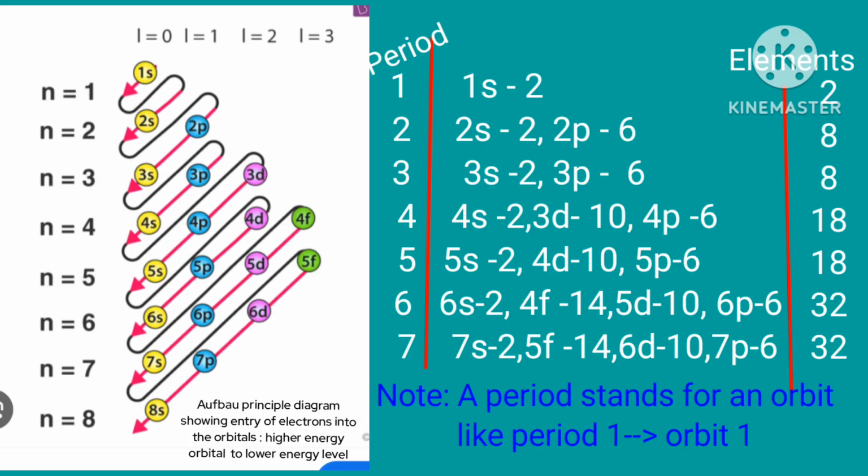So, we have to understand that though there is space for six electrons in p orbital, 6 electrons do not enter at the same time. They enter one by one, giving formation of an element. Likewise, in d and f orbitals also.